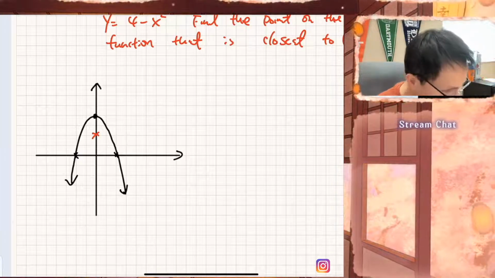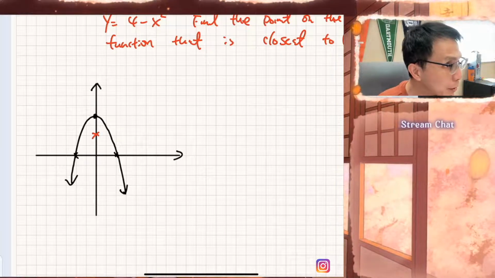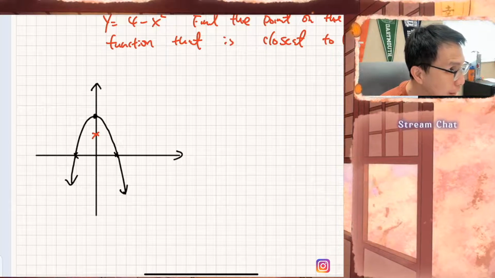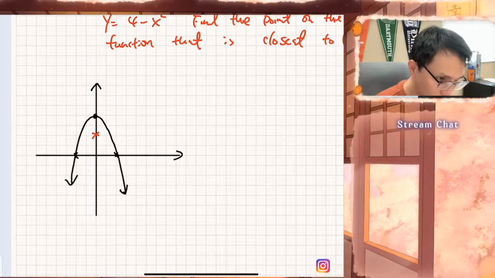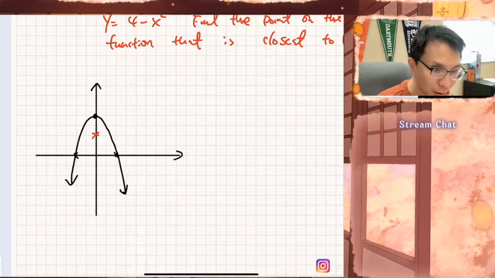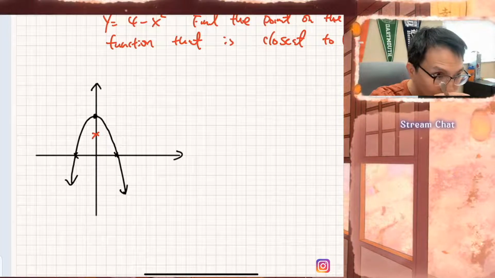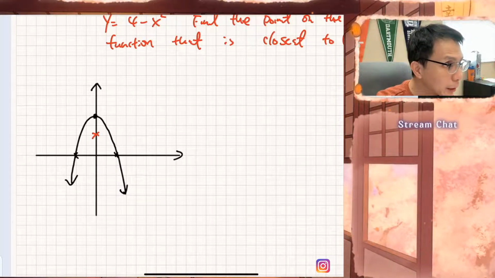But technically, where do you think the shortest distance occurs, by looking at it? My ugliest graph. Where do you think that occurs?